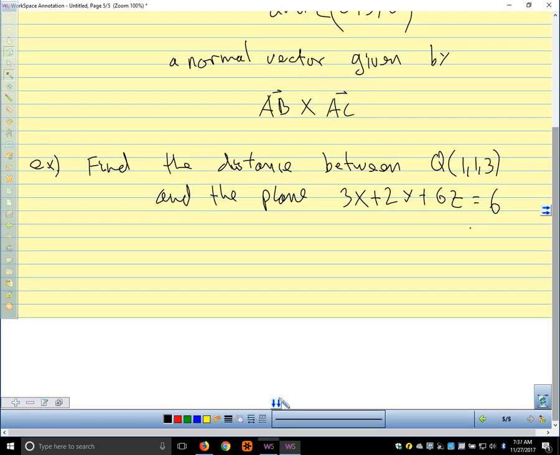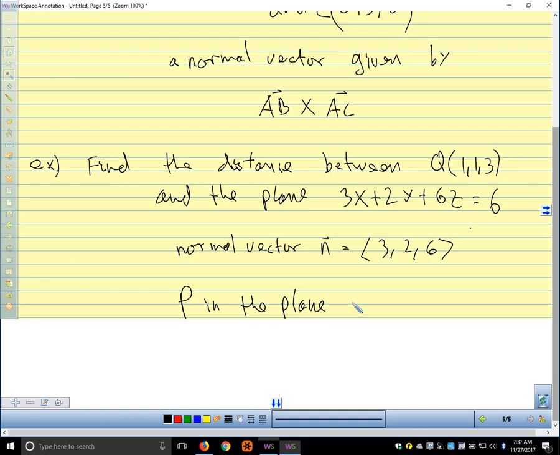All right, so what do we need here? What's our key piece of information? Our normal vector. N is just the coefficients on my variables, so it's (3, 2, 6). We need a point in the plane. How are we going to find a point?